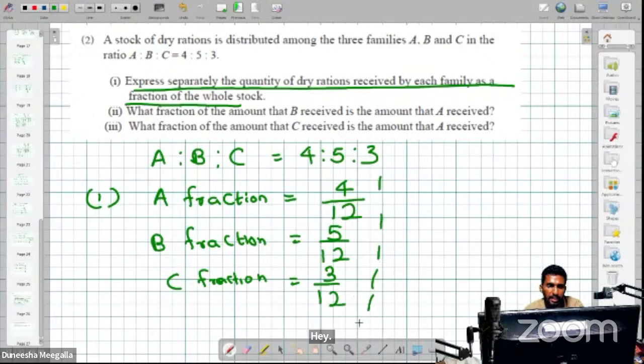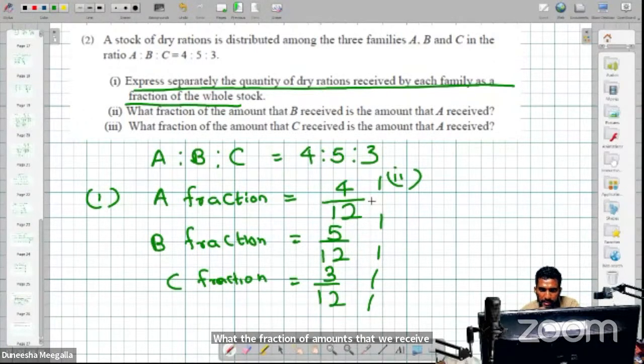Okay. Next, second one. What's the question asking? What is the fraction of the amount that B received of the amount A received? What the fraction of amount that B received.